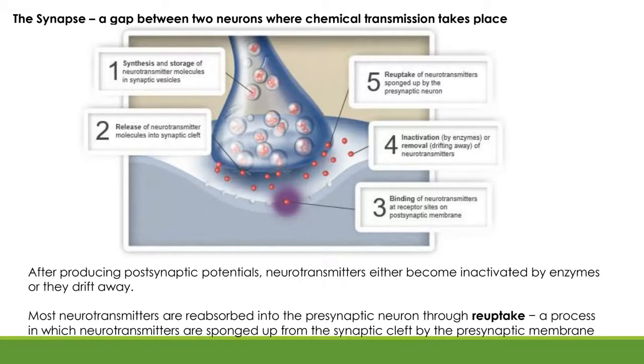Once they've bound to that lock and key mechanism, they're released and move back into that synaptic cleft, and most of them get reabsorbed. It's called reuptake, and some of them drift away in that fluid of the synapse.